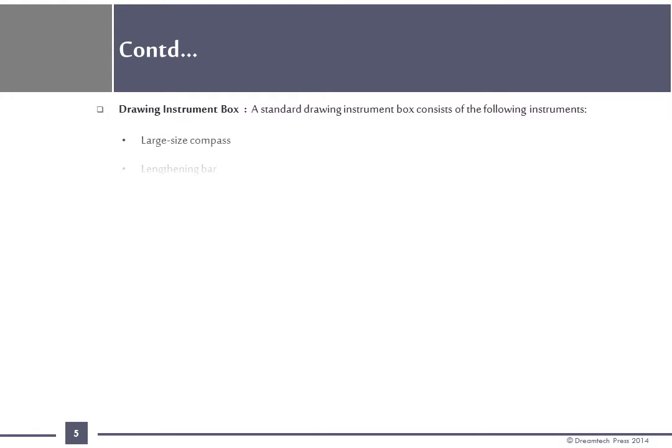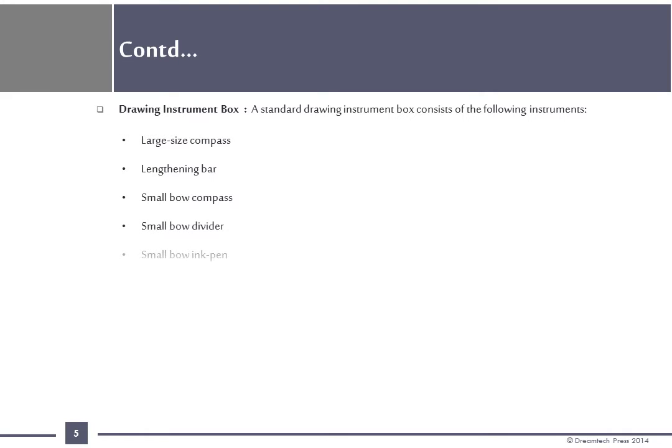Drawing instrument box. A standard drawing instrument box consists of the following instruments: large size compass, lengthening bar, small bow compass, small bow divider, small bow ink pen. Scale. A scale is used for measurement of linear distances.